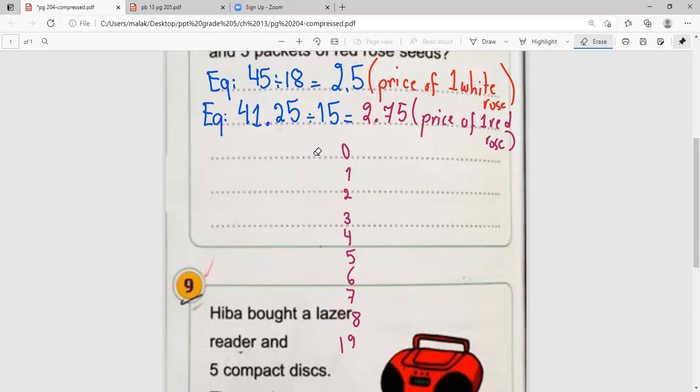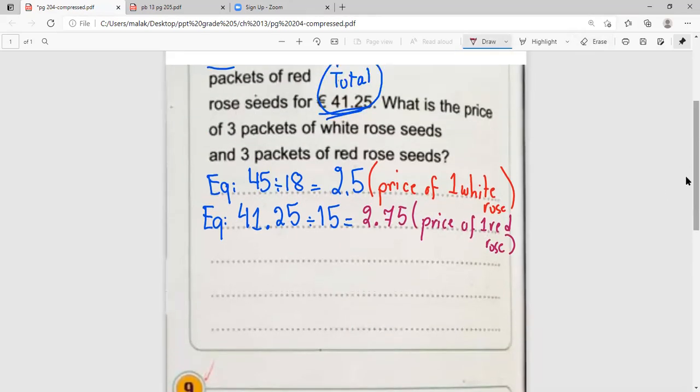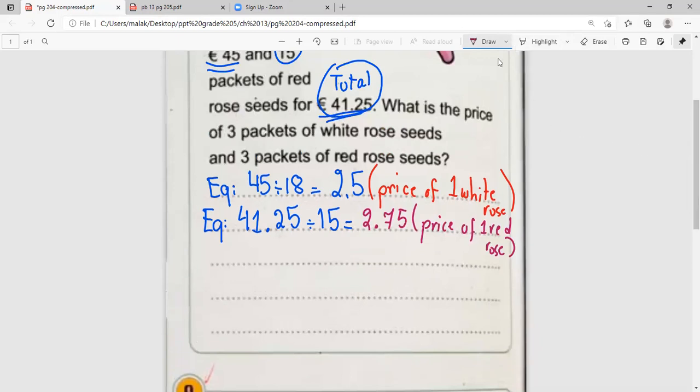If the total is written and we need to know what is the price of one. Bravo, Arij. Excellent. So you got it.